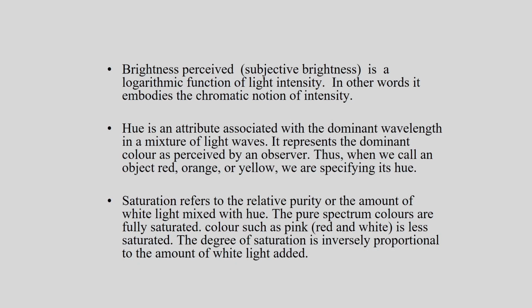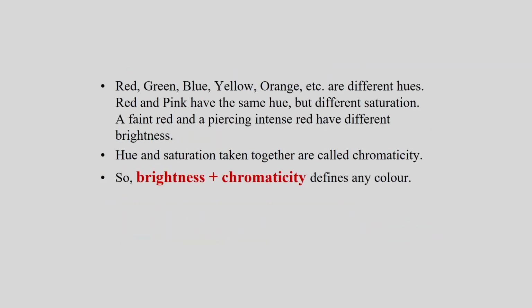That is the saturation. So you can see for light I can consider the properties: one is the brightness, one is the hue, hue means the color corresponding to a particular wavelength, and saturation means the purity of the color, that is the relative purity or the amount of white light mixed with a particular color. So I can consider color like this. Brightness is one component, another one is the chromaticity.